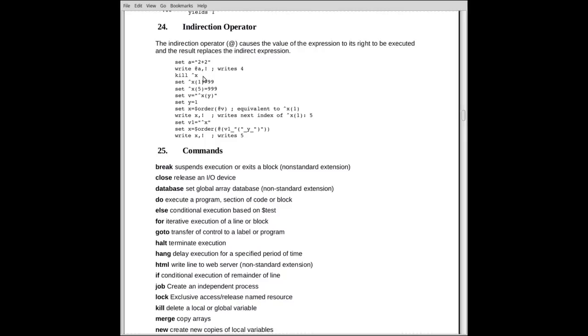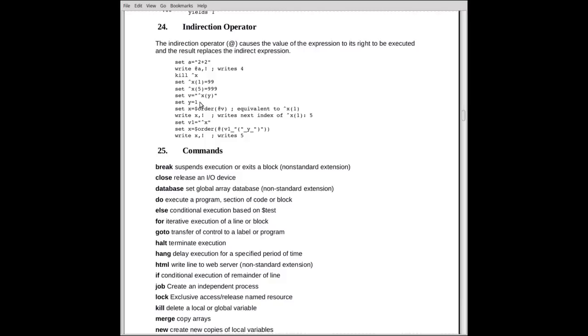Here's a short example. If I delete any previous elements of the global array X, the global array X disappears, and so there's no global array X at this point. If I set X sub 1 to 99 and X sub 5 to 999, and I set V equal to the string up arrow X sub parenthesis Y, that looks like an expression, but in actual fact it's just a string.